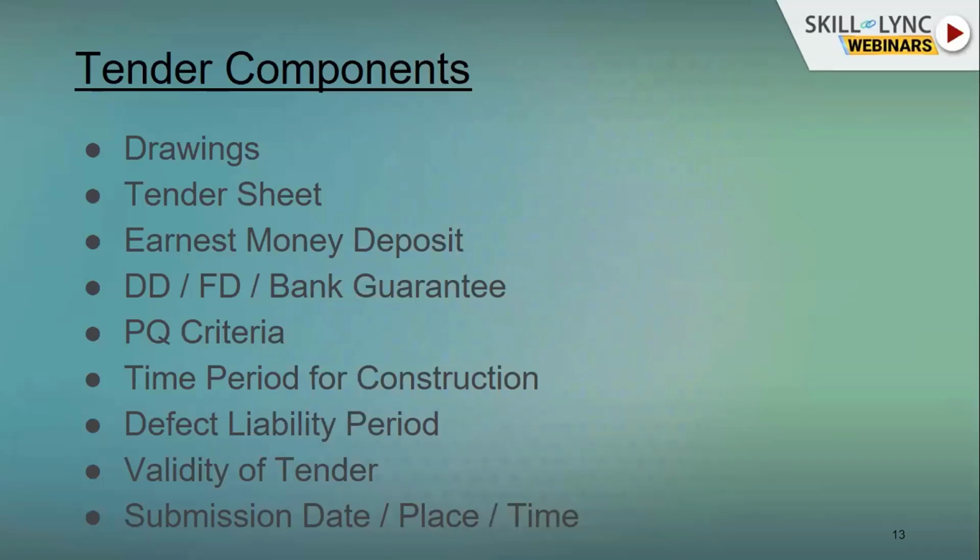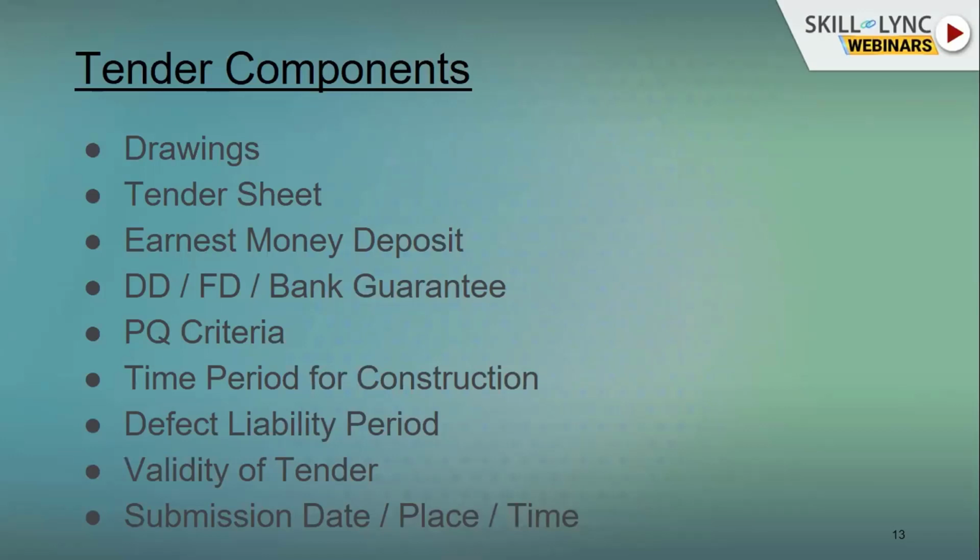Definitely, what is the time period? Defect liability period. This is also an important part, where post completion of the work, the contractor has to provide a defect liability period to the owner or employer. Generally, the defect liability period for a residential project is from 2 to 4 years.